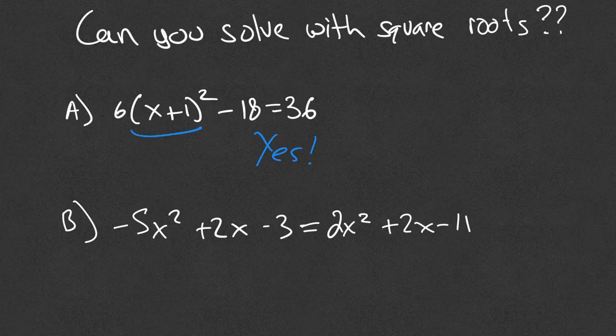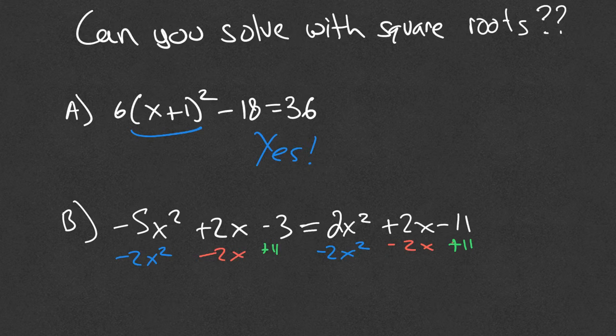So let's combine our like terms here and get them on one side. I've got a 2x squared I could subtract from both sides. I've got a plus 2x that I could subtract from both sides. And let's finish it off by adding 11 to both sides.